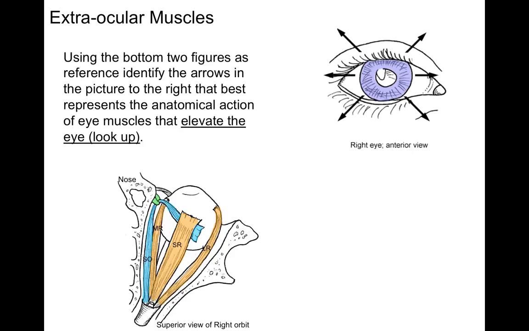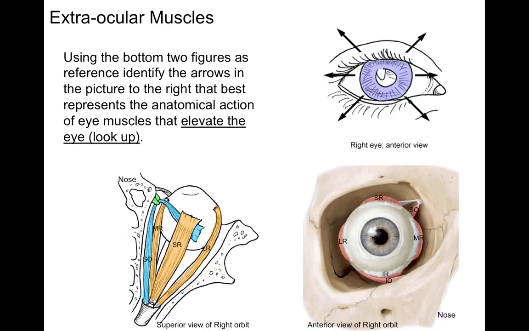Using the bottom two figures as reference, identify the arrows in the picture to the right that best represents the anatomical action of eye muscles that elevate the eye to look up. There are our two pictures, the axis of the eyeball and the axis of the orbit.